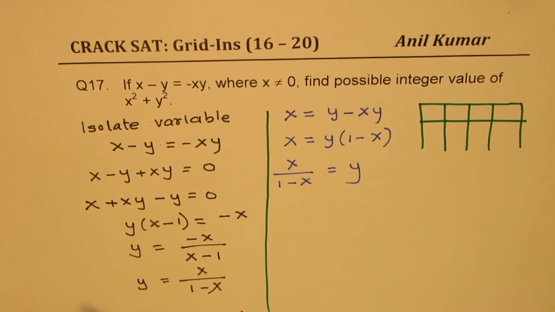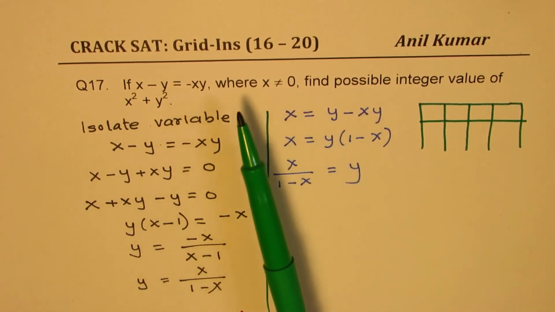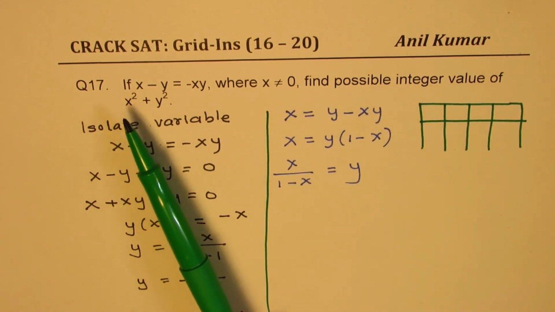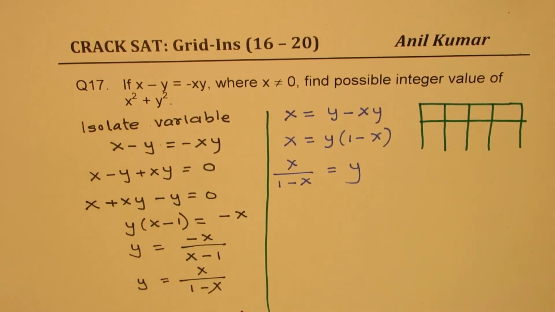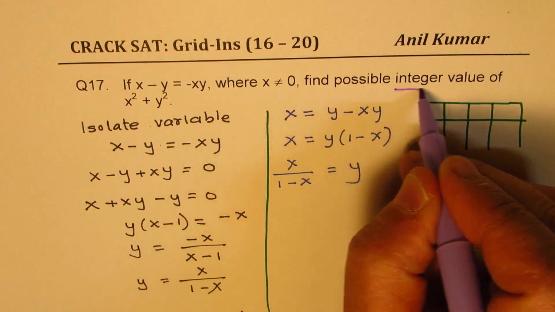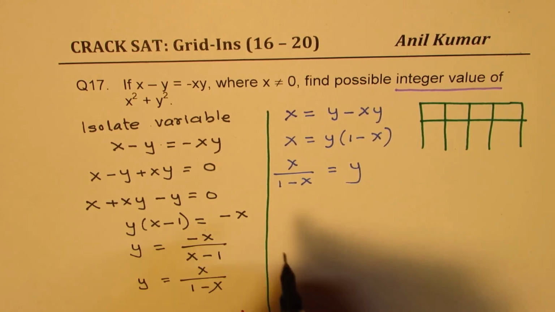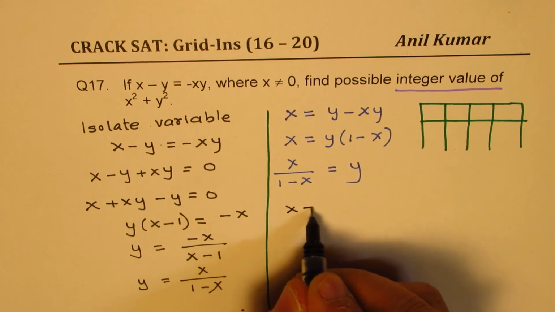Perfect. Now we know x is not equal to 0 and we want to find integer values of x squared plus y squared. Since we want integer values, what should we do? We can actually substitute some values in x, correct? So we can just substitute and try it out. If I substitute x equals what?